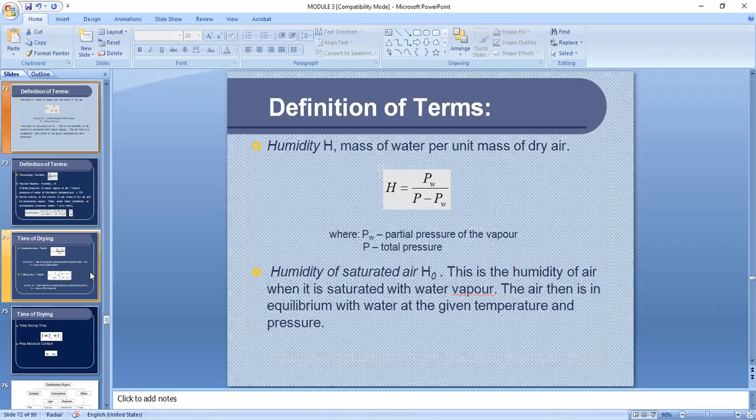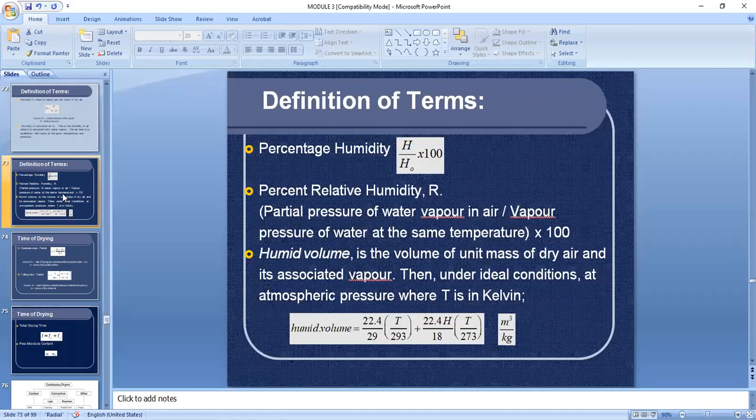In this condition, the air is in equilibrium with the water that it contains at the given temperature and pressure. Now, percentage humidity is the humidity divided by the saturation humidity. The percentage relative humidity, which is the R, is the partial pressure of water vapor in air divided by the vapor pressure of water at the same temperature.